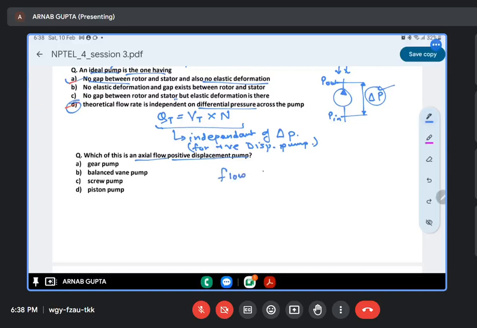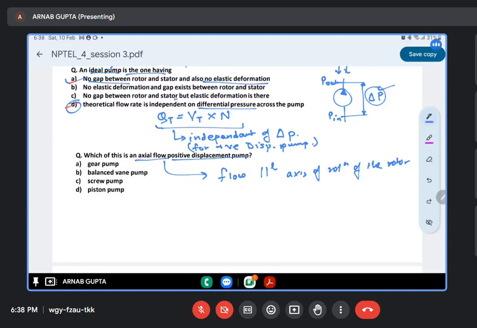In case of an axial flow pump, it is parallel to the axis of rotation of the rotor. And in case it's perpendicular, like in case of a gear pump or vane pump, then it is not an axial flow pump, right? Which of these is an axial flow positive displacement pump?